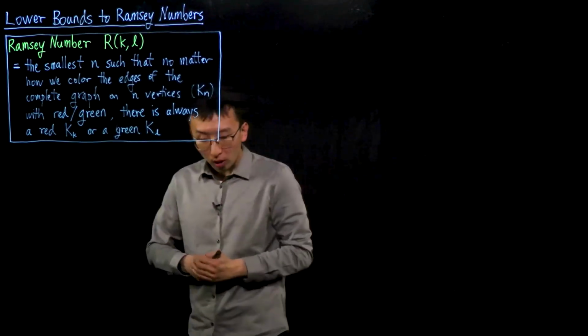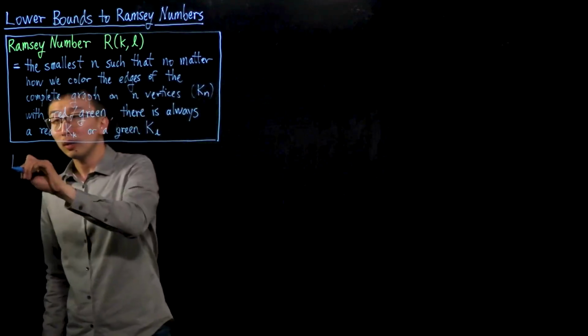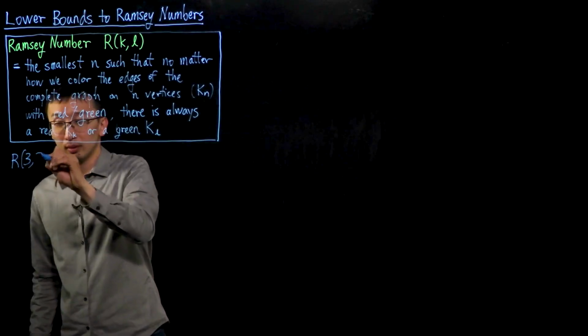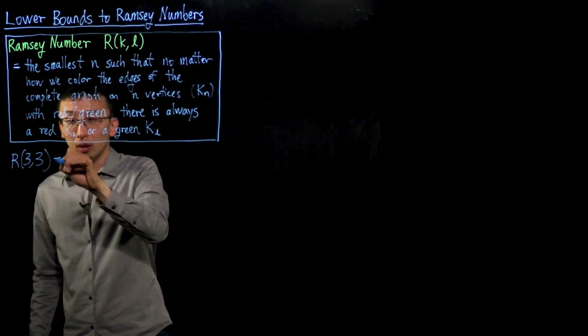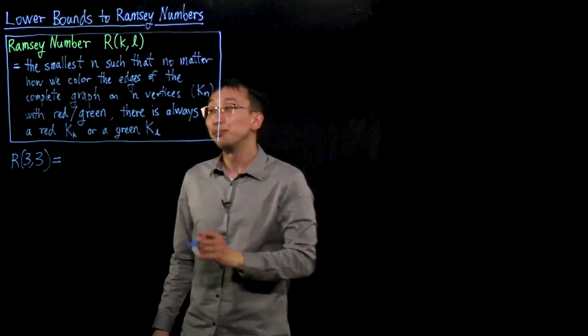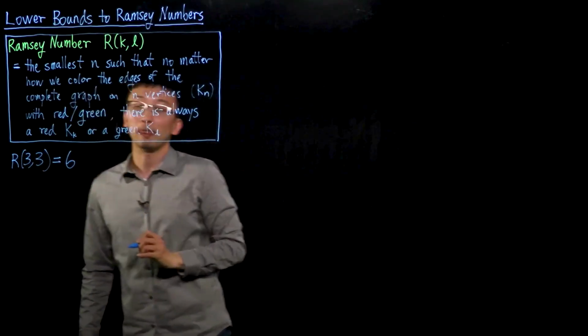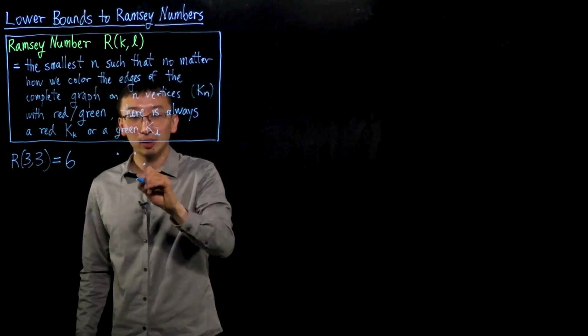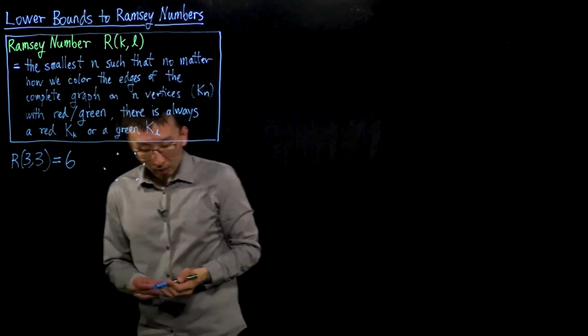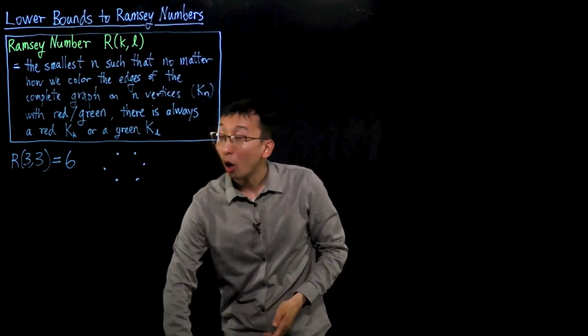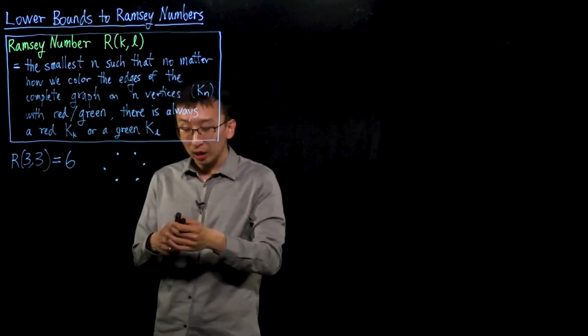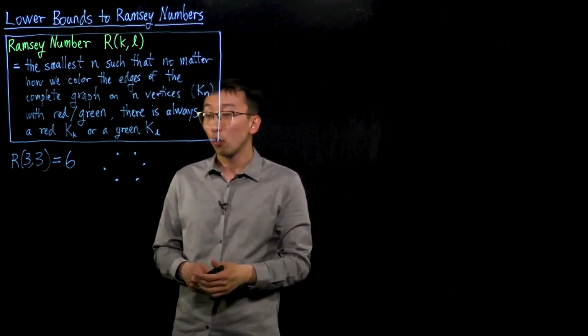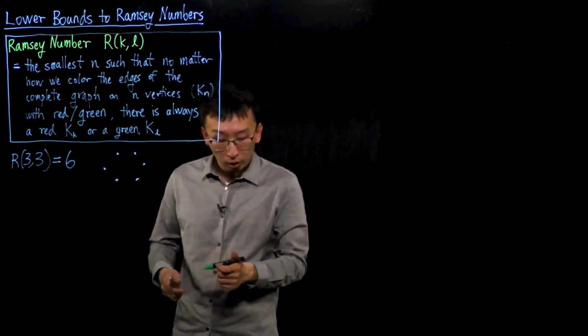So to be more concrete, let me demonstrate an example. R(3,3) equals 6. And what this means is the following. First, if we have 6 vertices, and we color all the possible 6 choose 2 edges, each one with one of 2 colors, red or green.